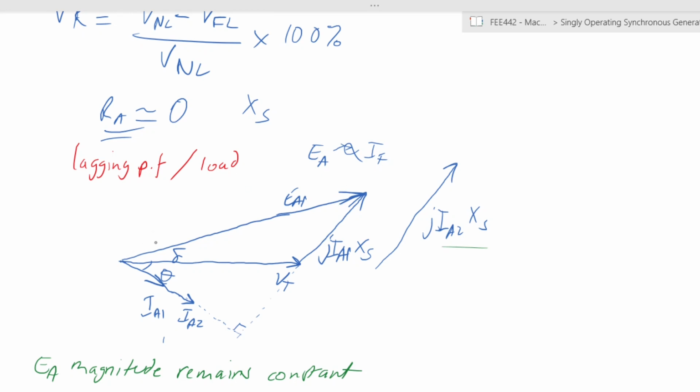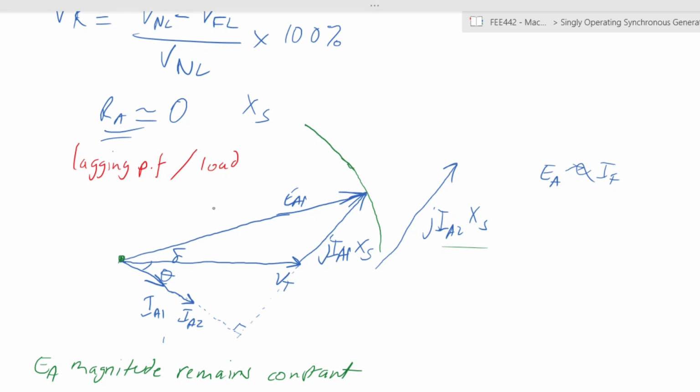If EA can only be the same in magnitude, but it can change in angle, what you will find is that you can have an arc. Let me change this out. Here. So the locus of possible points for EA will constitute an arc, centered at this point, where EA can be.